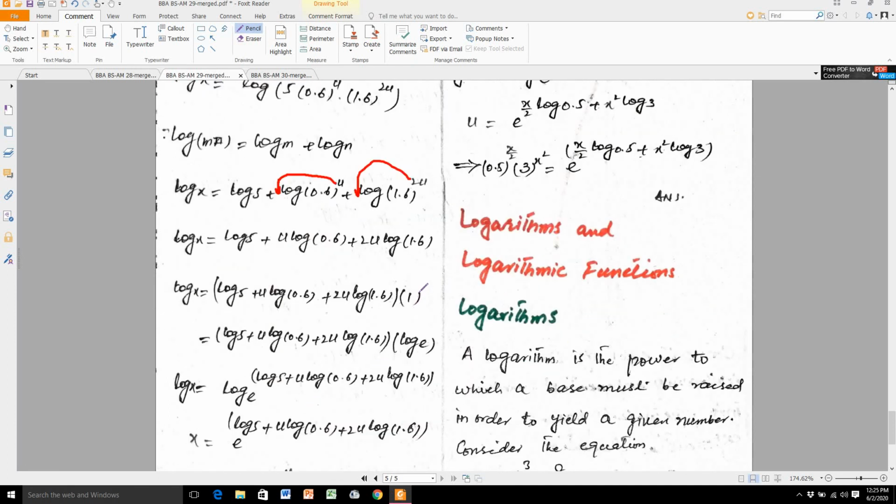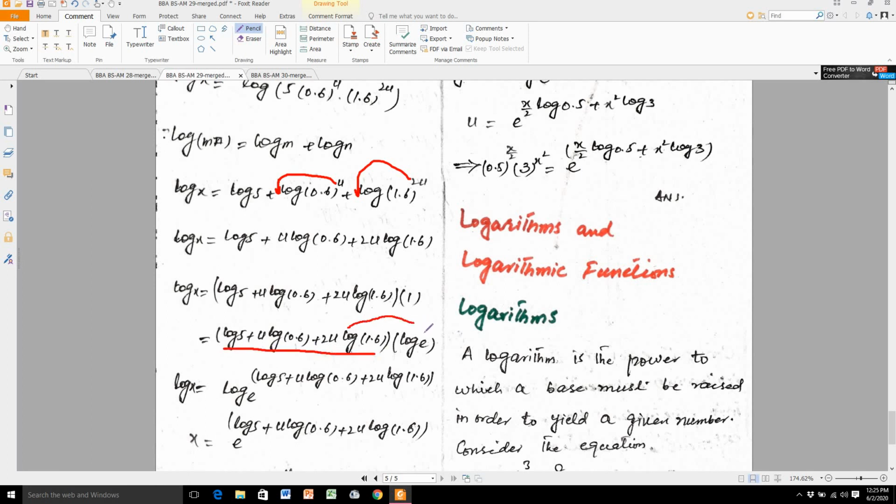And then I write 1 in front of this, and in the next step I write at the place of 1 log e. So in this way this total value log 5 plus u log 0.6 plus 2u log 1.6, this complete factor become the power of this exponential function.